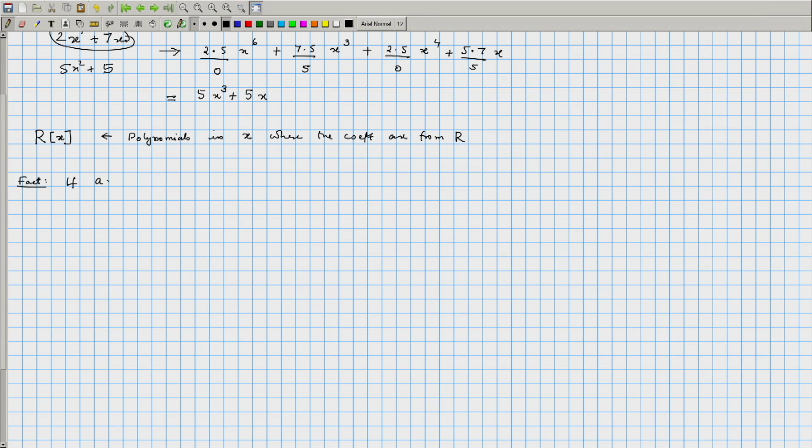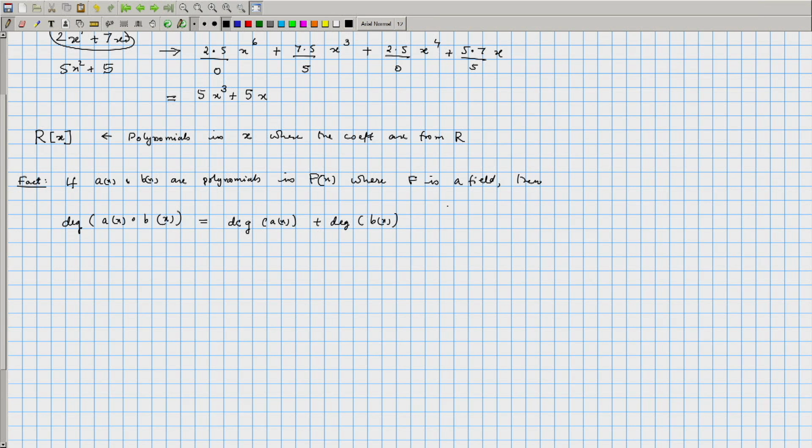If A(x) and B(x) are polynomials in F[x], where F is a field, then degree of A(x) times B(x) is equal to degree of A(x) plus degree of B(x).